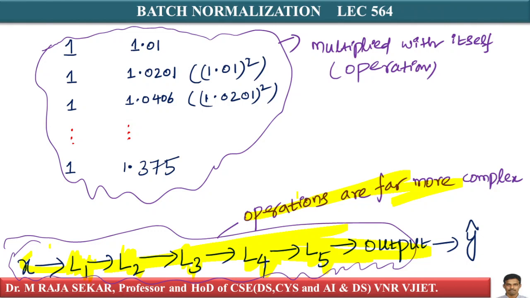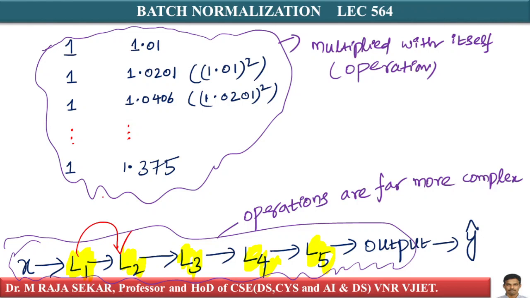If you are using a sigmoidal unit, even ReLU, you are multiplying with lots of weights and summing them up, passing through a ReLU unit or sigmoid unit. Again, you are taking the output of L1 and passing it to the next layer, that is L2.